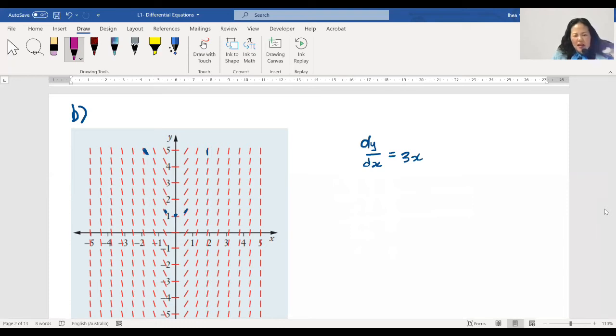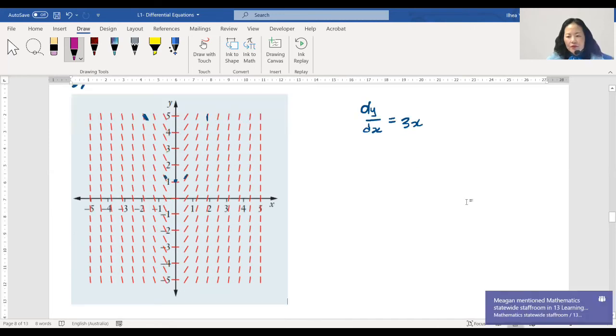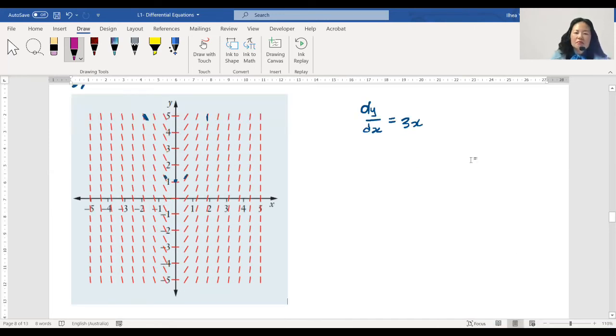And you might say, how do we know, Miss, that it's going to end up here or there? They will say roughly you can sketch it. But what I would say is, why don't we just do it using calculus? Do that first, and then maybe sketch it as well.